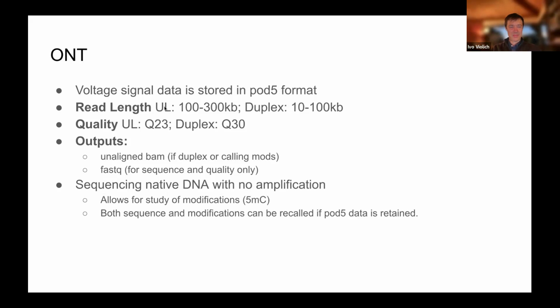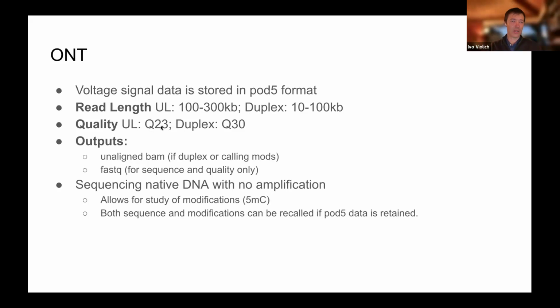Two of the ONT preparations and technologies that we'll be using are ultra long sequencing, which gives read lengths of 100 to 300 kilobases, and duplex, which is shorter but more accurate.